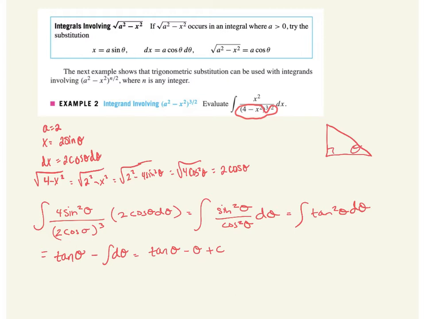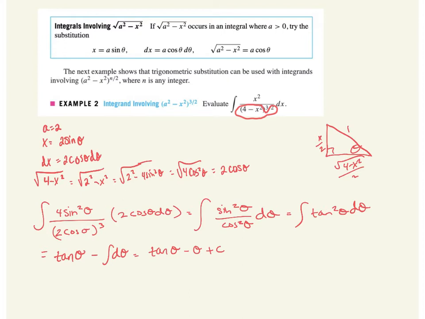Put my theta there. So I know that sine theta equals x over 2. Okay. So sine opposite over the hypotenuse, then I can fill my triangle in. I chose to go with x over 2 and a 1 and a square root 4 minus x squared over 2.